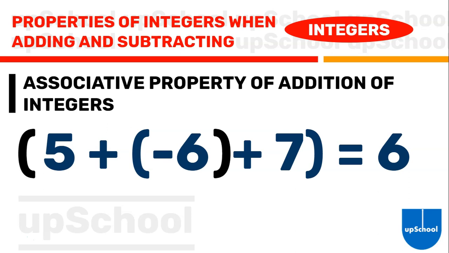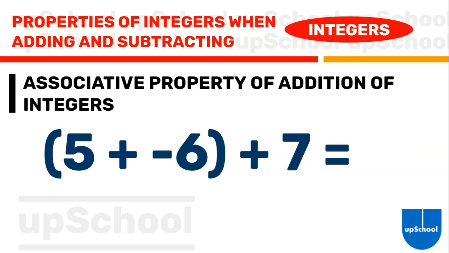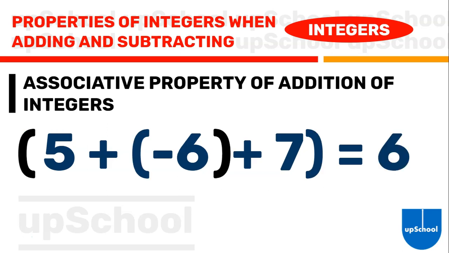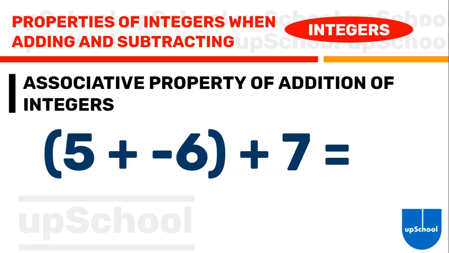So let's have the numbers in the parentheses be 5 and negative 6. By changing the grouping of the equation, we get a new equation of 5 plus negative 6, in parentheses, plus 7.